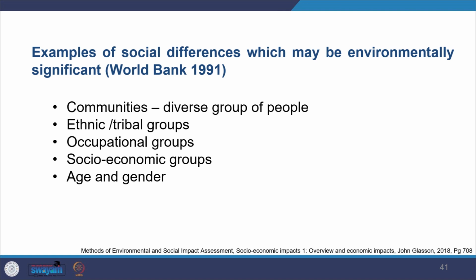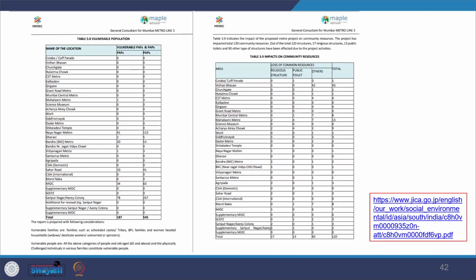So this World Bank also provides you, and it's key from the EIA perspective. So here you can see from the Mumbai Metro Line 3 example, you can see how they have identified vulnerable population, community resources, and you can see the source of data is from census.